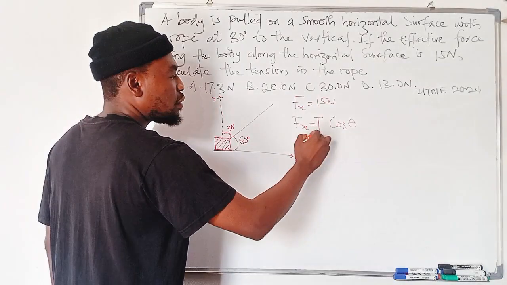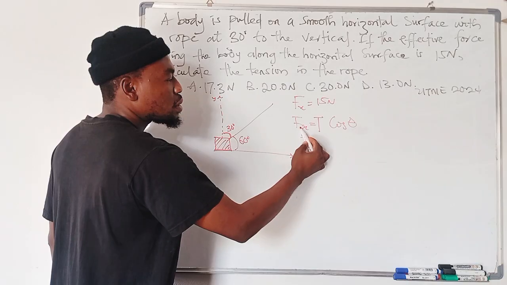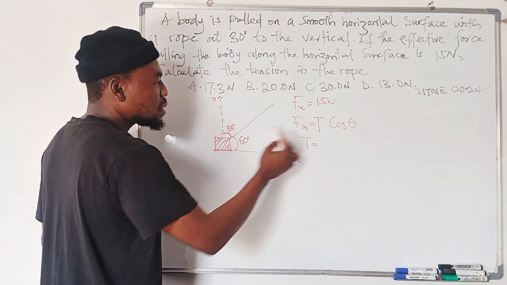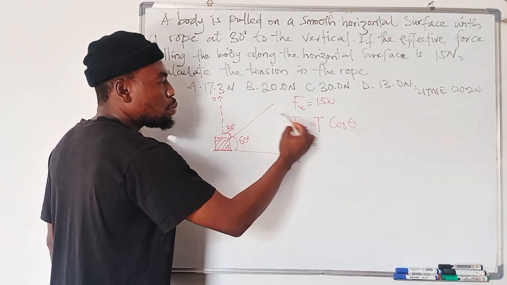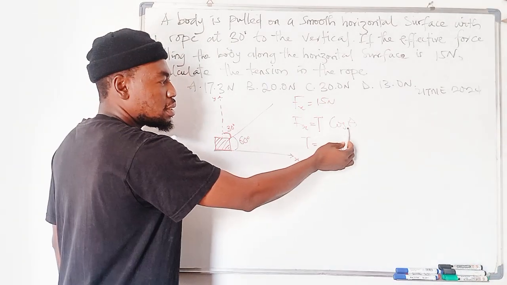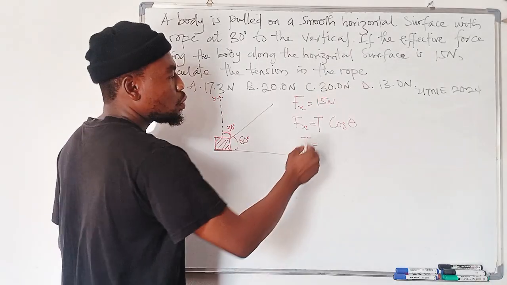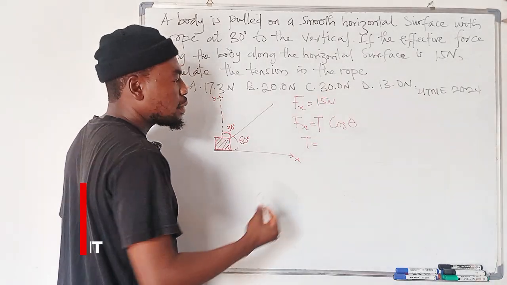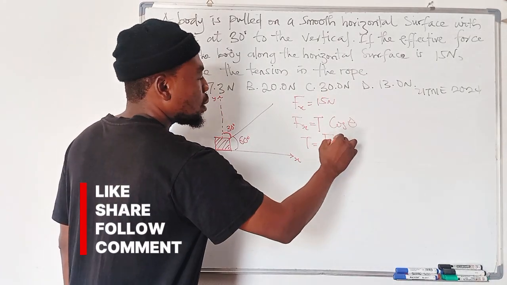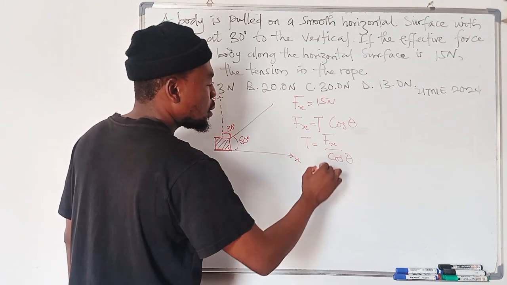This force on this object is a combination of the tension on the rope and the angular distance, which is cos theta. So our tension will be equal to F of X over cos theta.